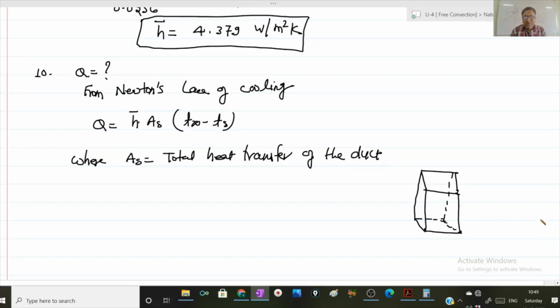This dimension is 0.3, this dimension is 0.2 meter, and this dimension is 1 meter.